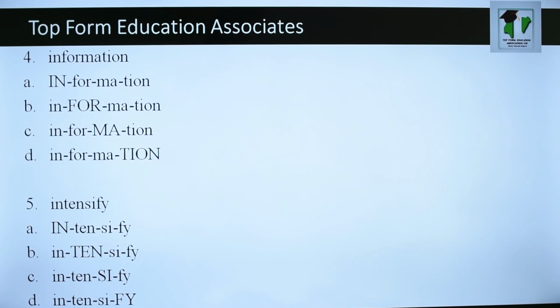Number 5, we have intensify. We saw words that end in I-F-Y. You stress the third also from the back, and we have 1, 2, 3. And the answer is on TEN. Intensify. And we have the stress on this.